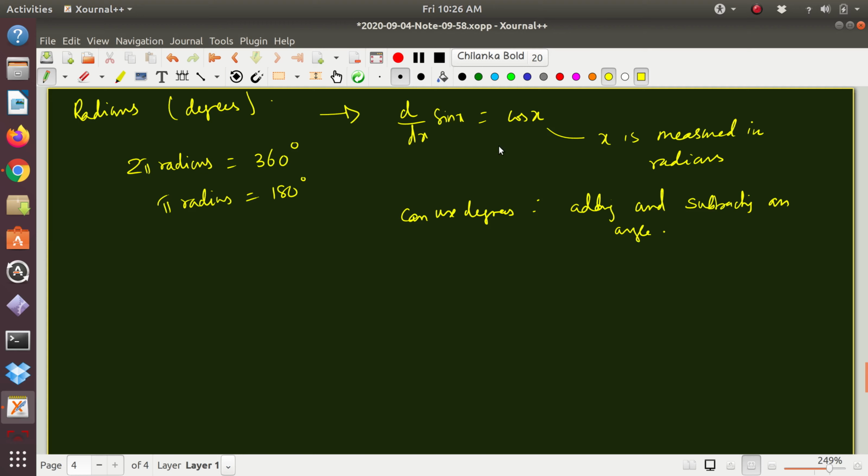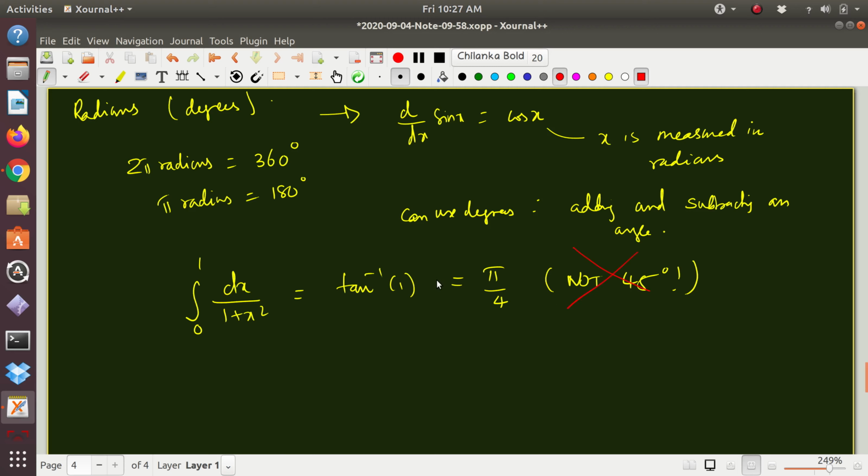expressions involving calculus. So for example, you might know this result: the integral from 0 to 1 of dx by 1 plus x squared is nothing but tan inverse of 1. You have to write the answer in radians. Tan inverse of 1 is pi by 4, and you cannot write this as 45 degrees. This is completely wrong.